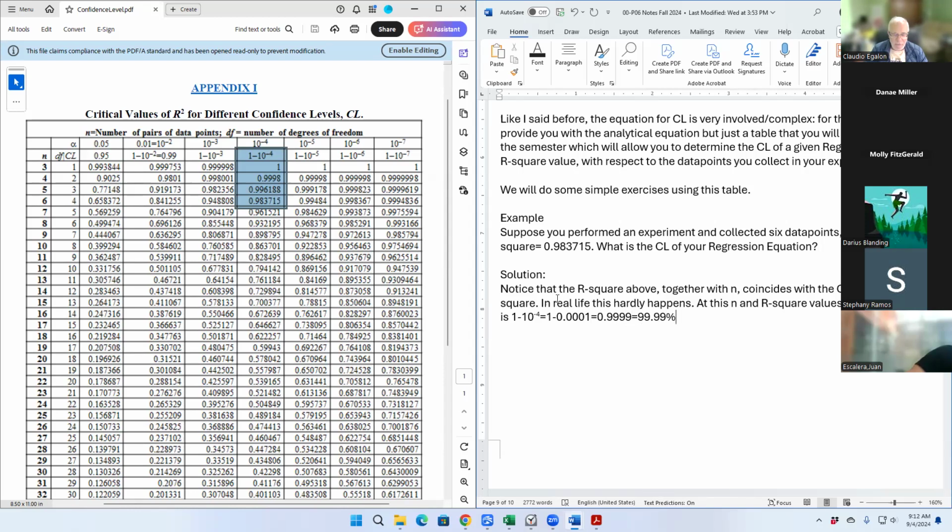That's the confidence level of your mathematical model.